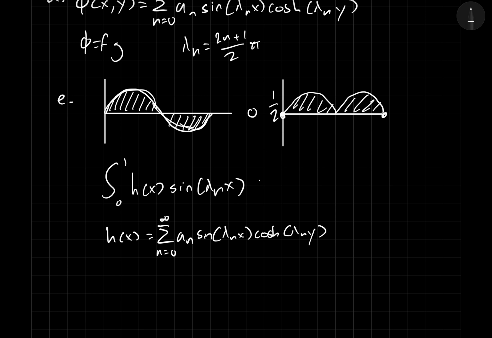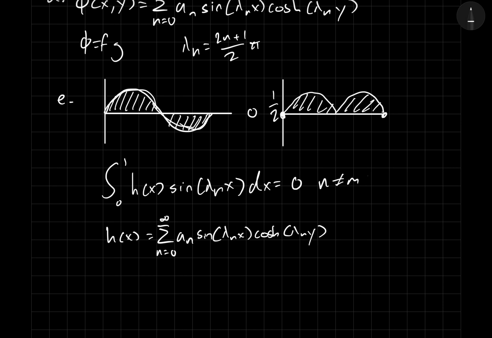And the idea is that if you multiply these two terms, dx, you're going to be getting a value of 0 whenever n doesn't equal m, and it's going to equal something else whenever it does.